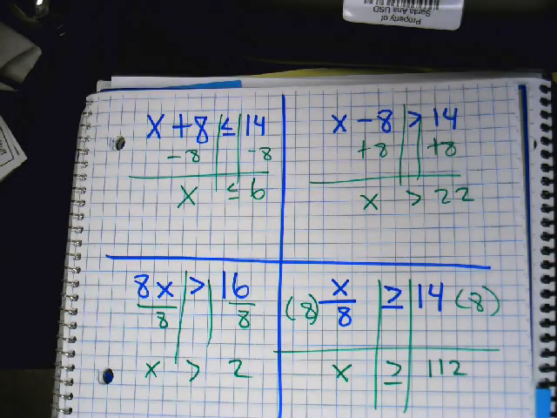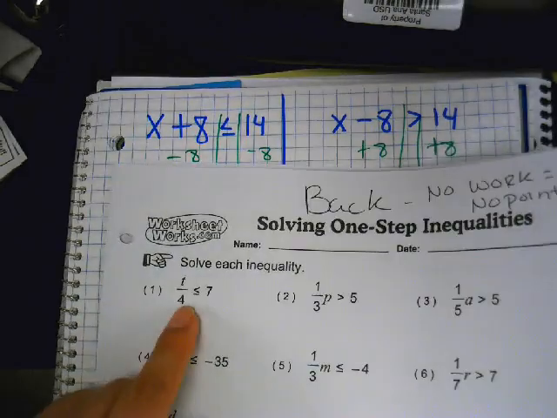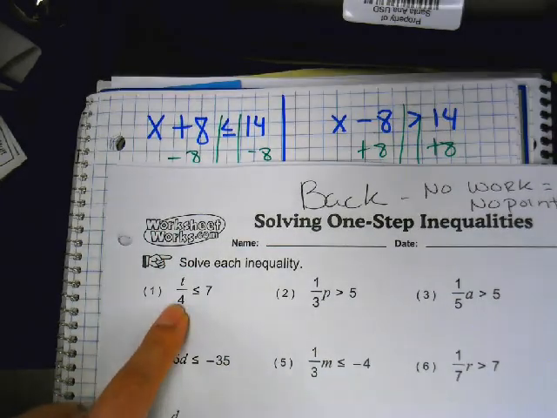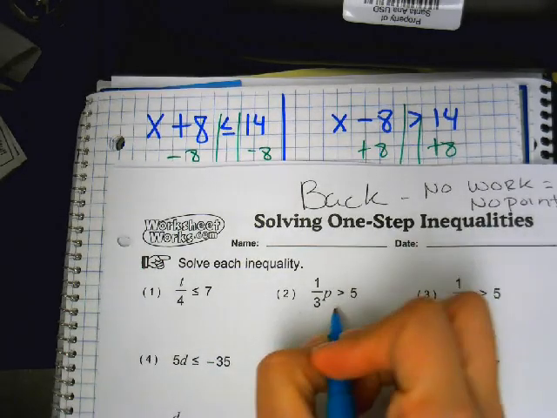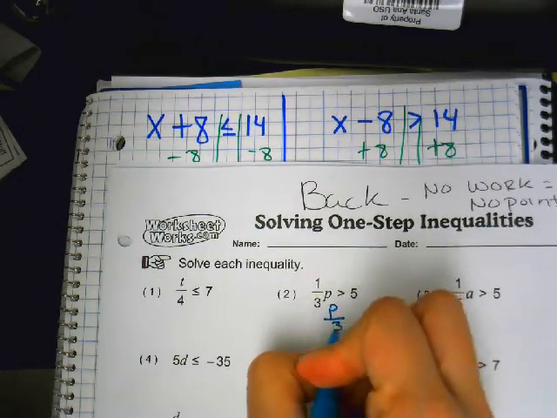So I want you to do 1 through 9, on both sides. Now, I'm not loving how they wrote the fraction. Oh, no, wait. I love this one. Number 2, it's hard. But if you want to rewrite it as P over 3 is greater than 5.